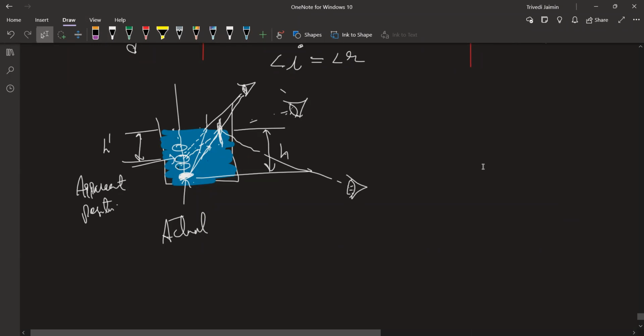If we are looking from here, at just 90 degrees or some more angle, it will be visible at this point on the top surface. But as this angle increases, for every surface, let's take water or glass or diamond.